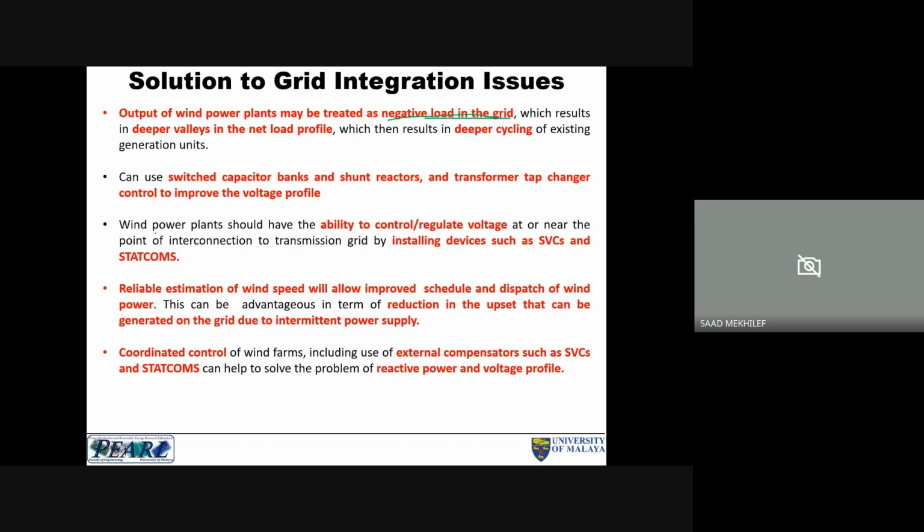Okay, this is actually important. Wind power plants should also have the ability to control and regulate the voltage, by installing interconnection to the transmission grid with devices such as the VSC and the STATCOMs. So this is also quite important.